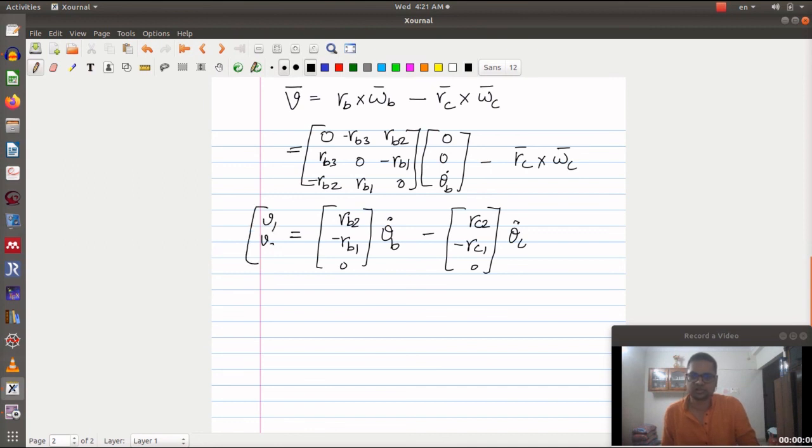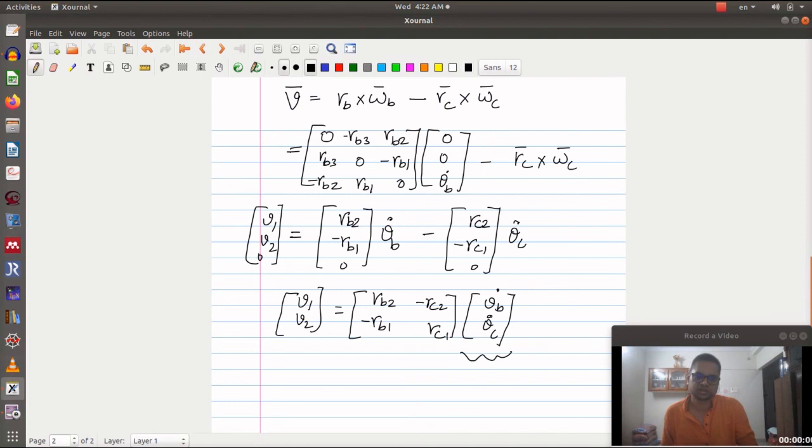Here you have B1 and B2 and 0. Because this is a planar vector, the z component is 0. You can ignore the third equation and write this in 2 by 2 matrix form. B1, B2 is equal to RB2, minus RC2, minus RB1, RC1, times theta B dot and theta C dot.